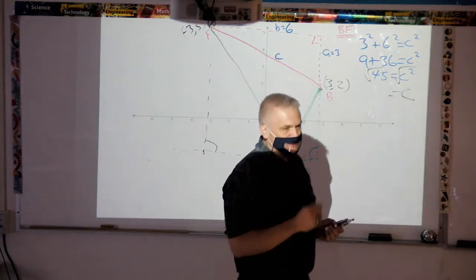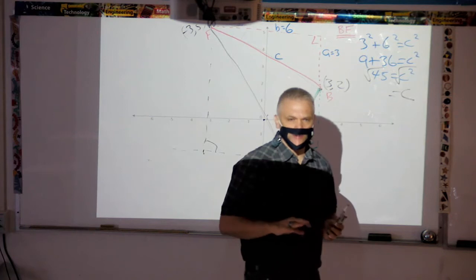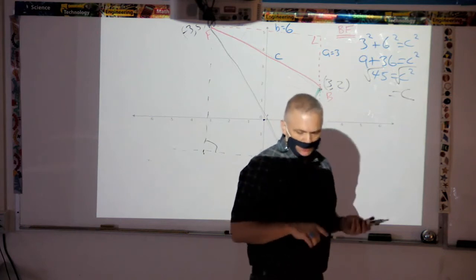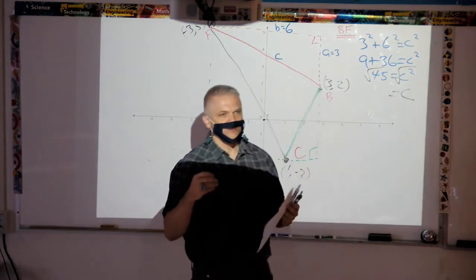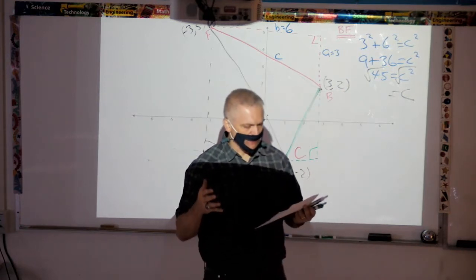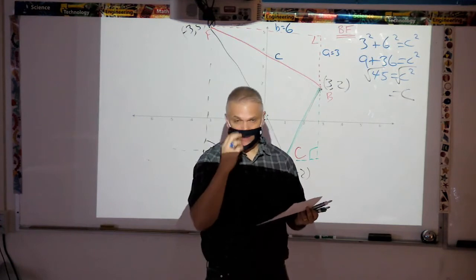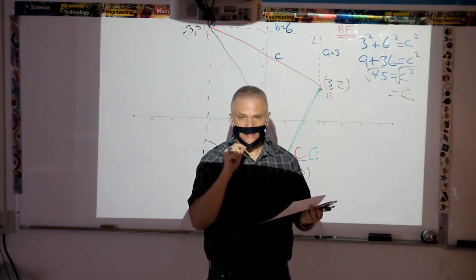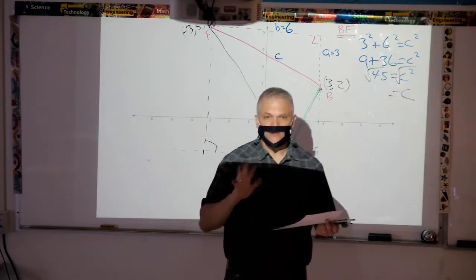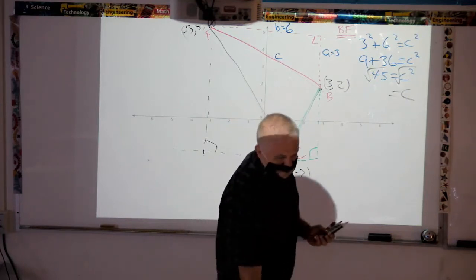It is 6 point something, yeah. We can just leave it as square root of 45 for right now, but on your test, on your culminating activity, it does say to round it. So if you take a calculator and type in square root 45, enter, then you'll round it as the question asks you.